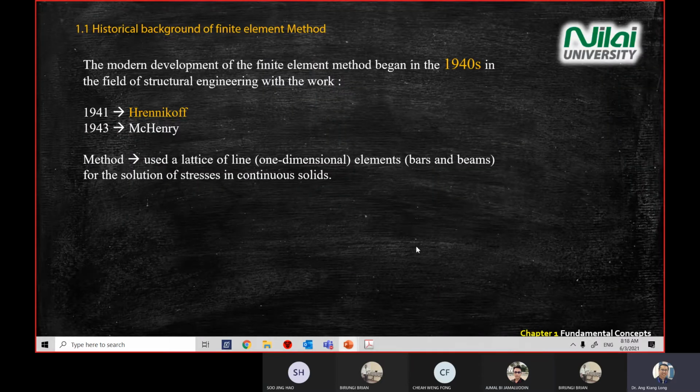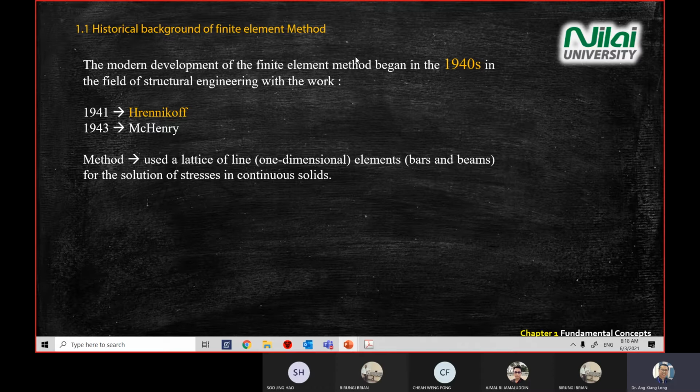All right, so we look at a bit of history background. The FEM method started before the World War era, in the 1940s, right? However, you don't need to memorize this, but at least have some concept of when the FEM method appeared in the academic world.